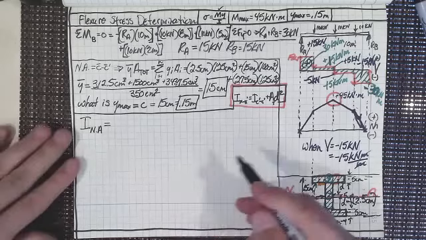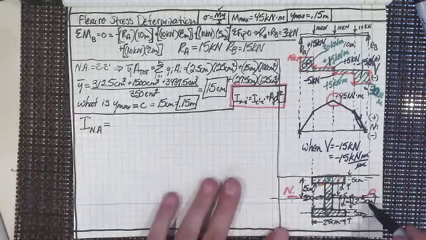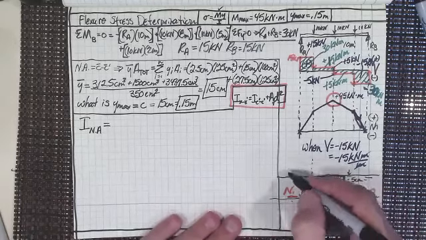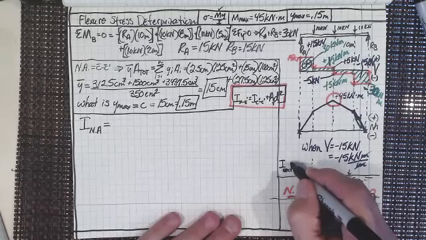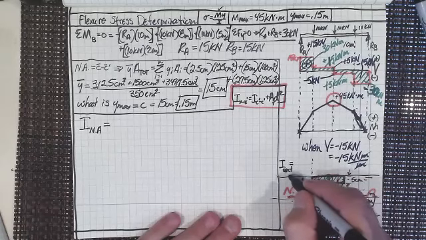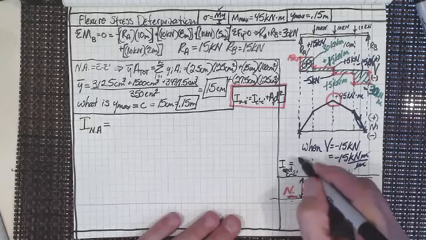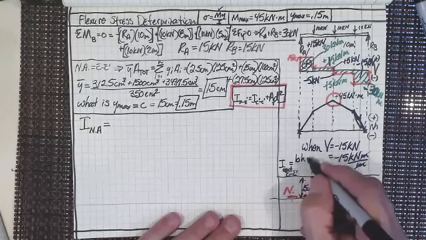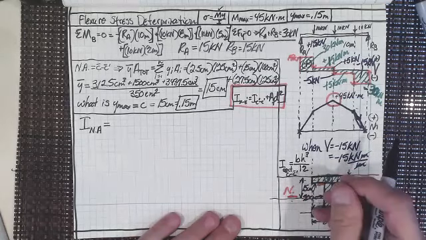And let's get back to the rectangles and bringing them to the neutral axis. Now, I of a rectangle about the centroidal axis is BH cubed over 12, right?